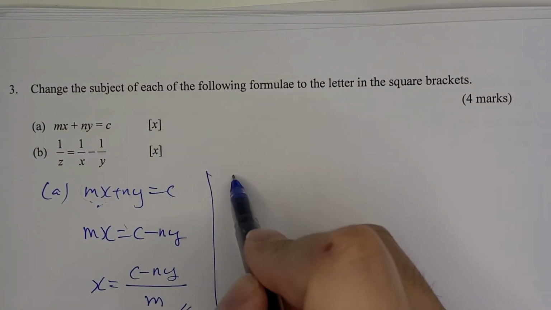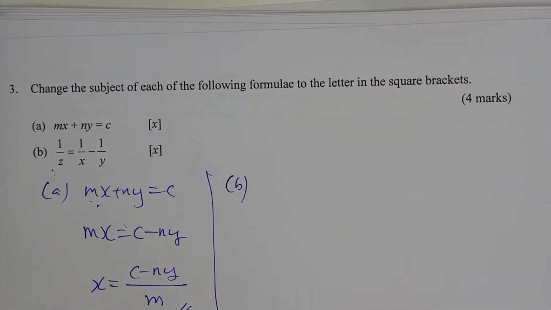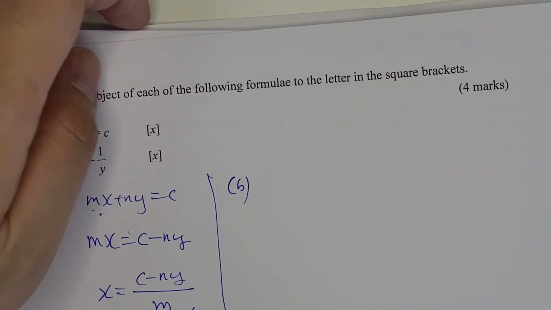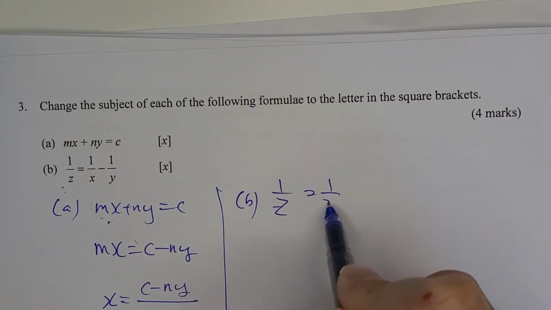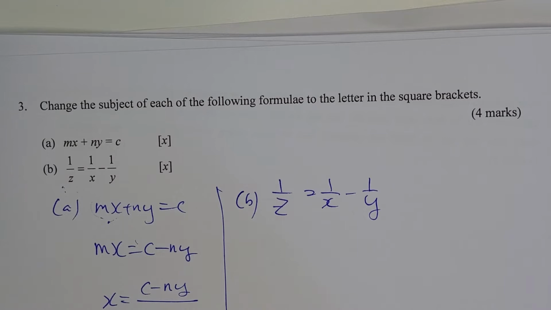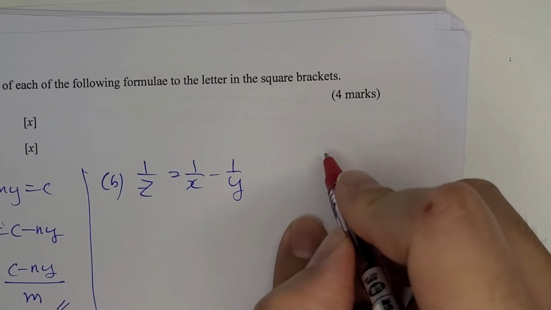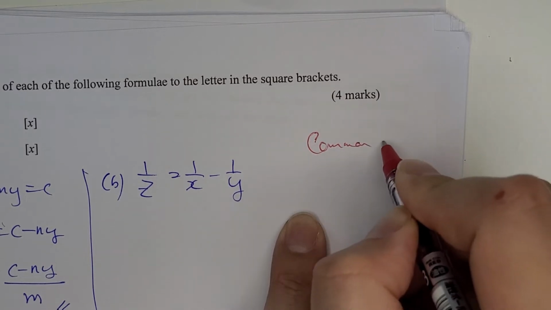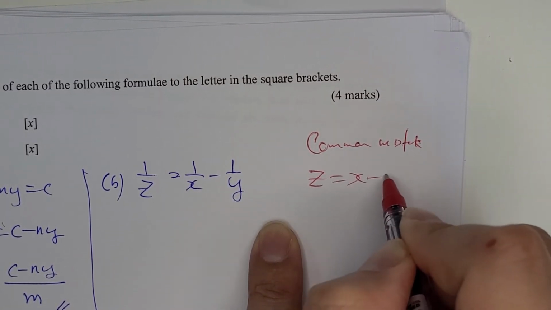And then part B, 1 over z equals 1 over x minus 1 over y. That's much more work you need to do, because the terms are in the denominator. Now some of you make a common mistake. That becomes z equals x minus y.